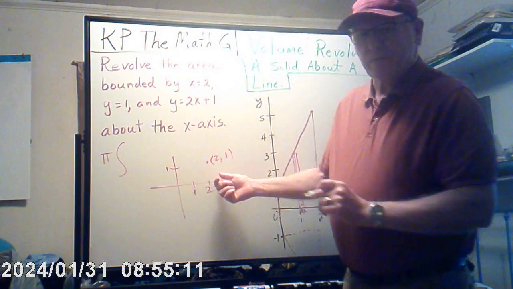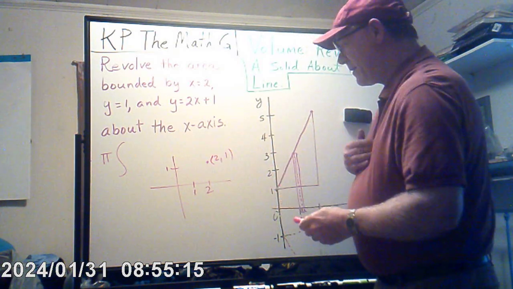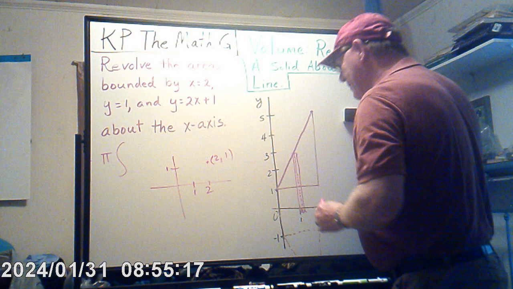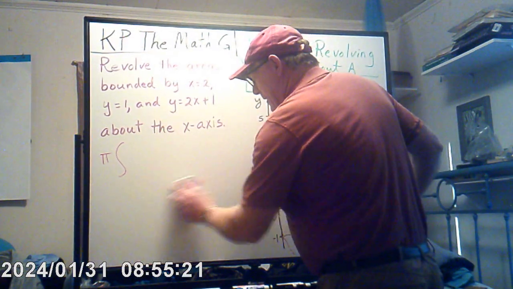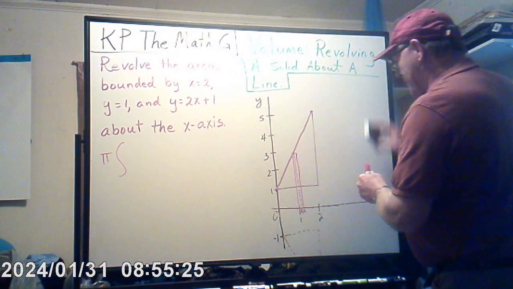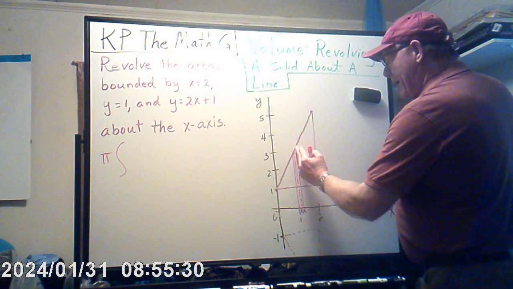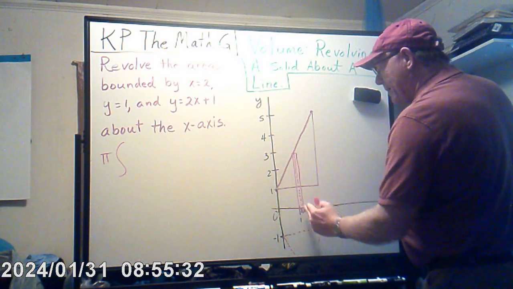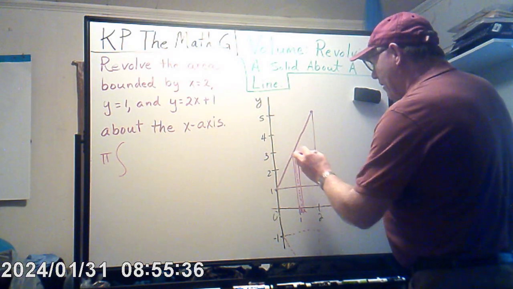That's how high up we go, the y value. In that case, that was a number, it's 1. But what is this right here? We still have x right here, and y is here. What is this y? How far is it?